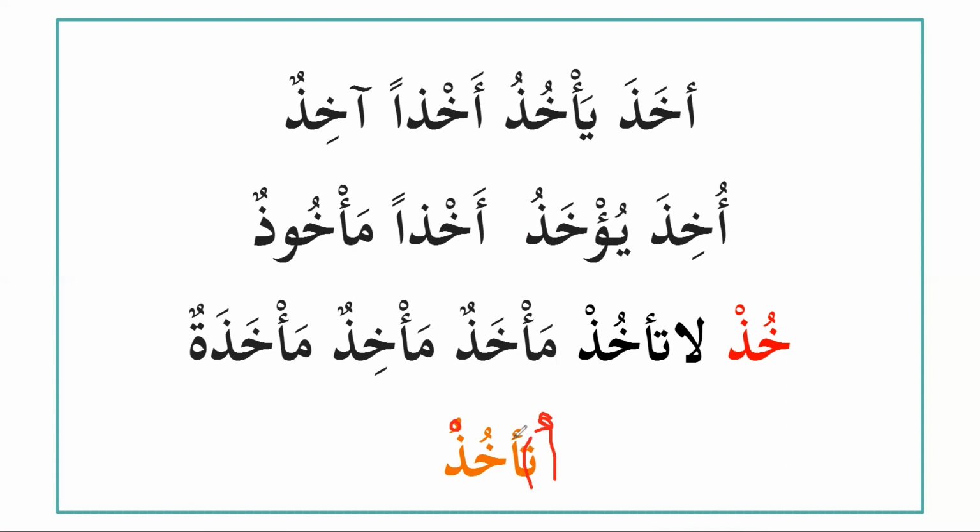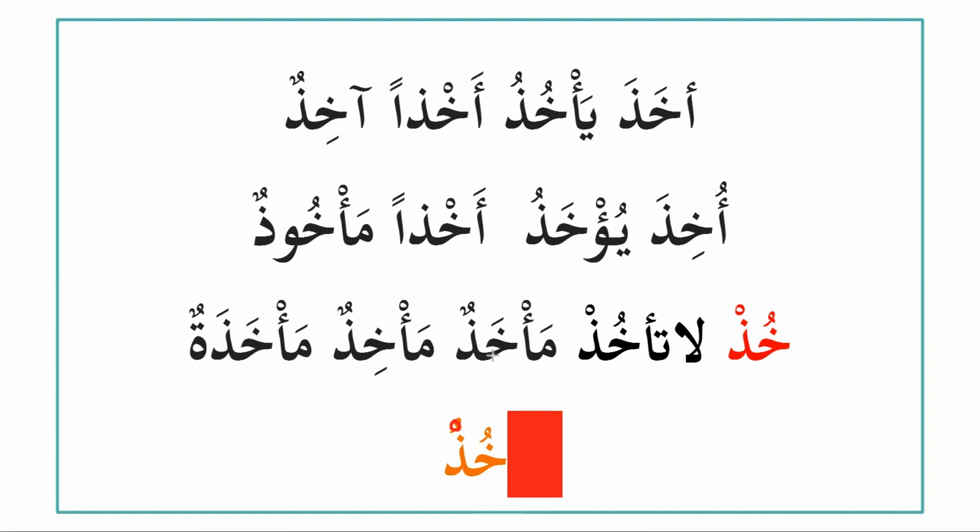So both of these are dropped, and the commanding fail is khuz, take, right? So this is the irregularity. It has a ta'lil, a process of omitting things. So this is the irregularity we saw in mujarrad.